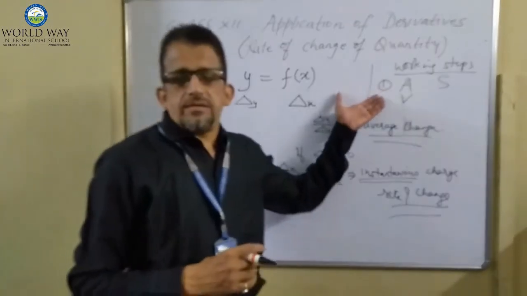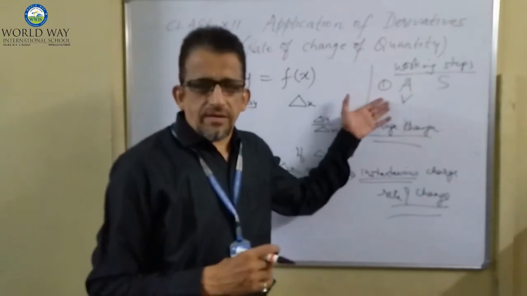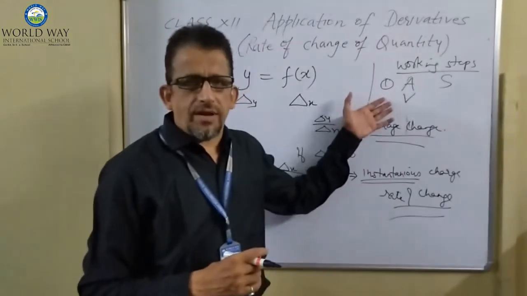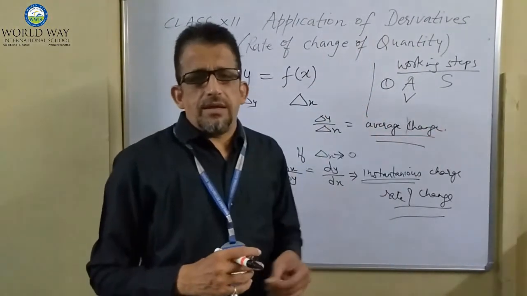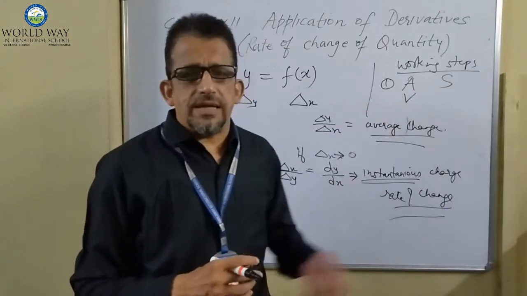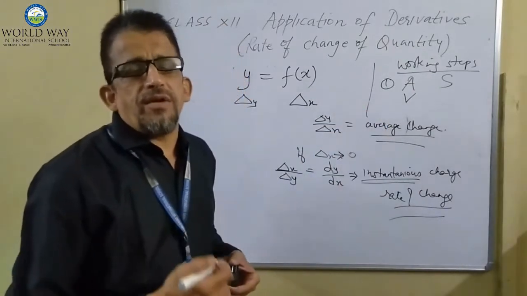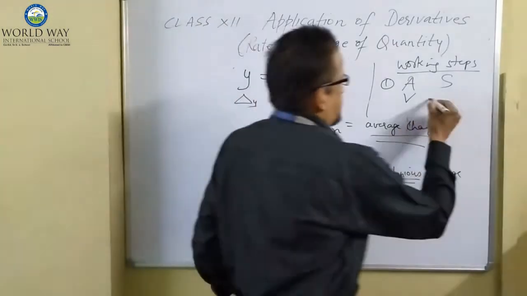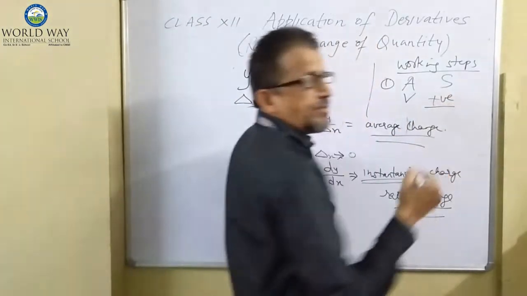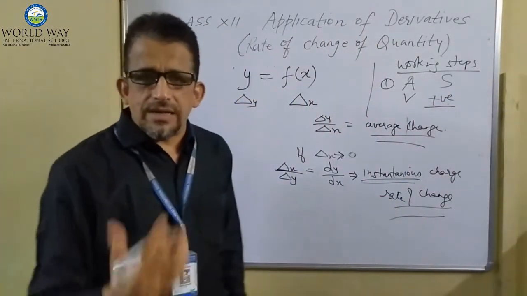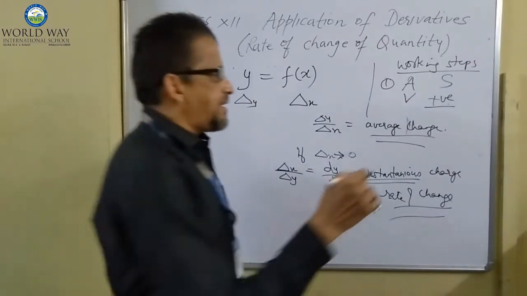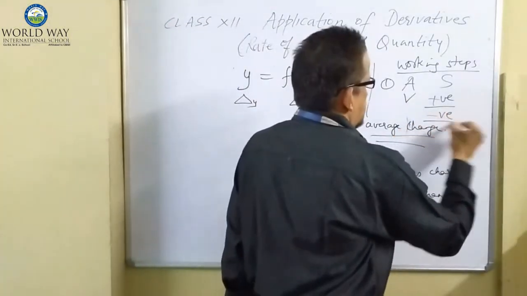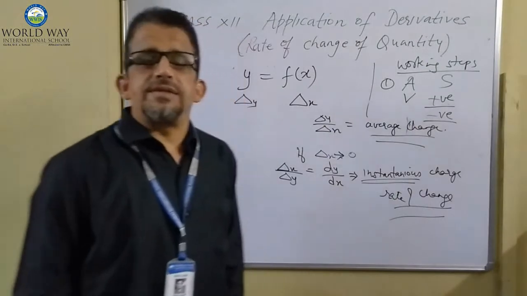And then differentiate it. Before that, if the rate of change is increasing, it is shown by a positive sign. A positive sign means the rate of change is increasing. If the answer is negative, the rate of change is decreasing.